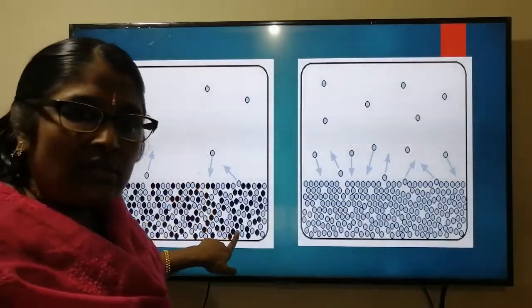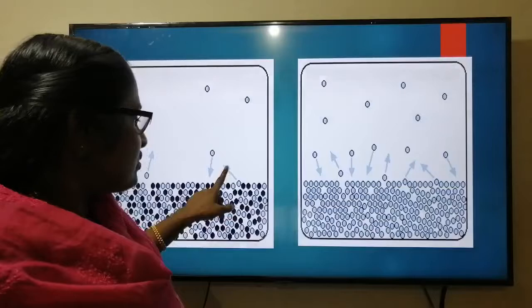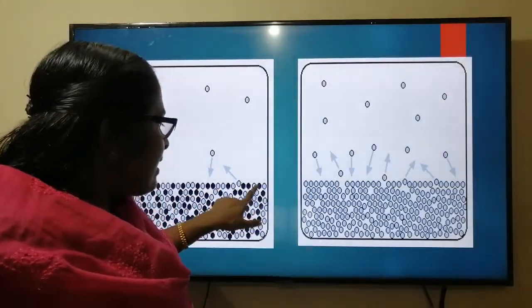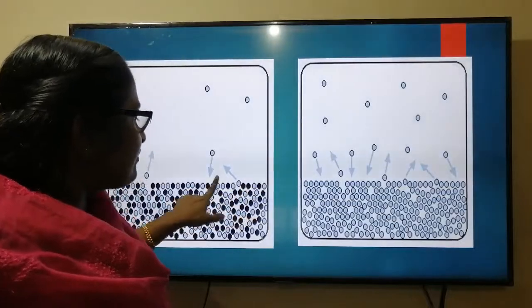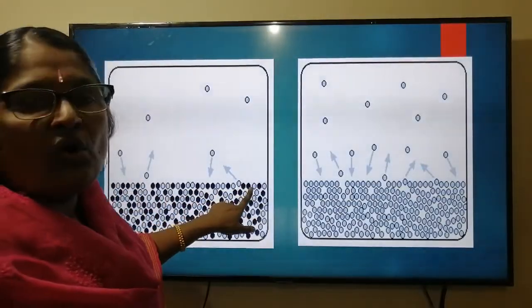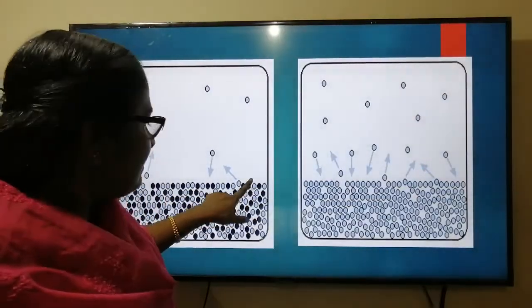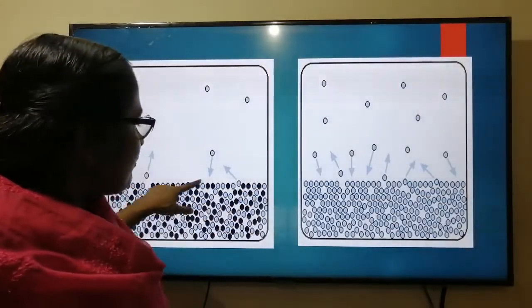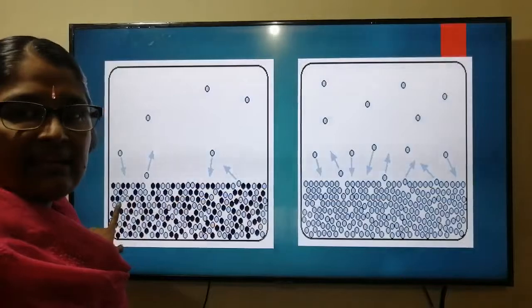Why? Because the solute is non-volatile, and when it is mixed with the pure solvent, which is volatile, the solute molecules also occupy the surface, pushing away the water particles which were there. So the number of water particles at the surface decreases.